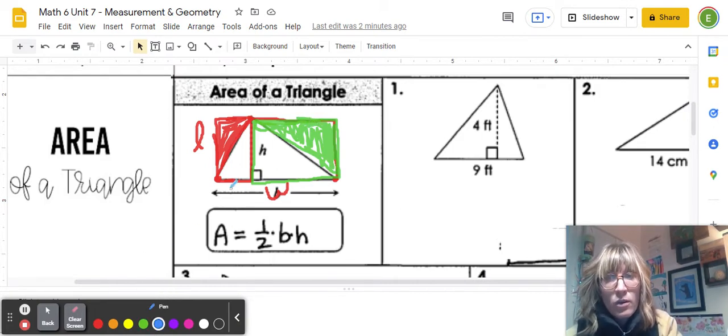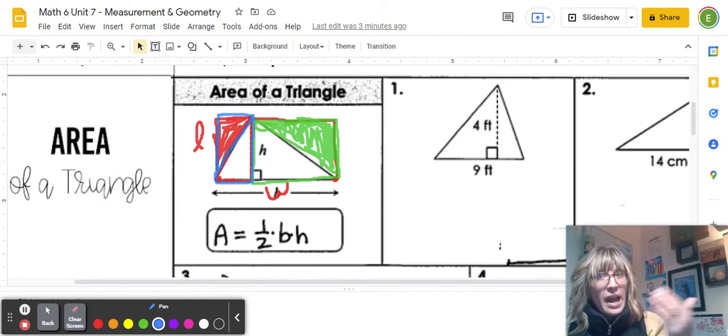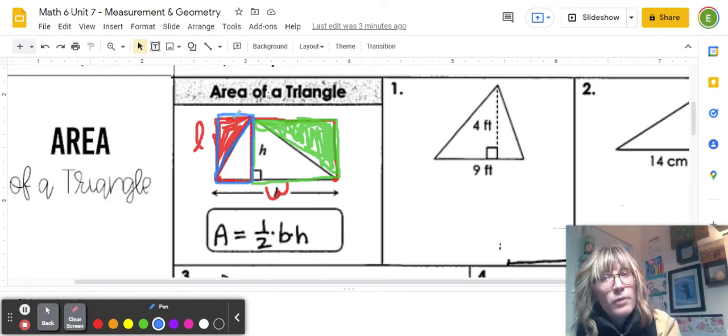In order to find the area of the rectangle, we do the width times the length, or we could think of it like the base times the height. But we don't want the area of this whole red rectangle. We just want half of it. And by chopping it in half from corner to corner, we have literally split it in half. So we know that the red is too much by exactly half.